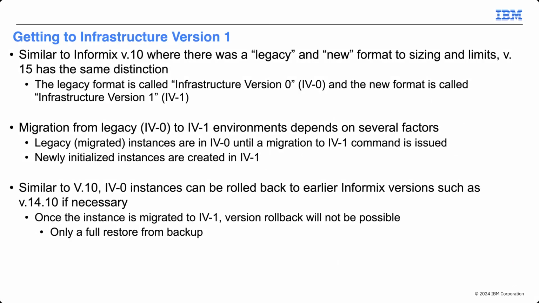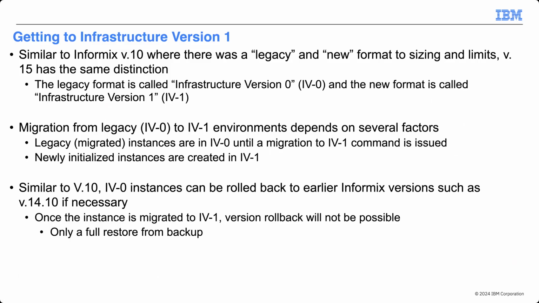This is what we refer to as compatibility mode or legacy mode, or whatever you want to term it. In infrastructure version 0, you can use the reversion functionality to move back to version 14 if you need to. So you can take your instance, move it up to 15, play around with it. If you don't like it, you can revert back using the standard reversion mechanism.